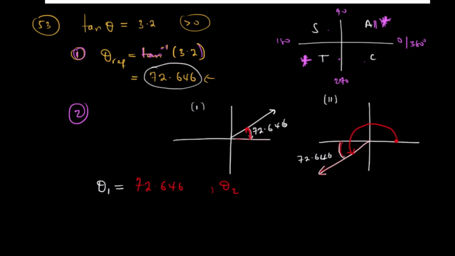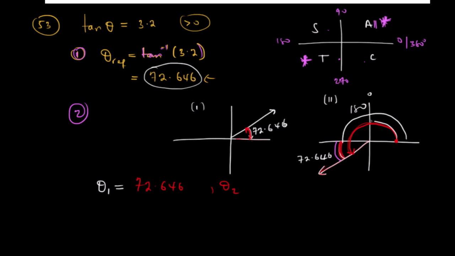What you have here is only the reference angle, but for the original angle you have to start from the positive x-axis like we have done before until you get here. Now from here to here is 72.646, and we know that from here to here, this whole place here, is 180 degrees.